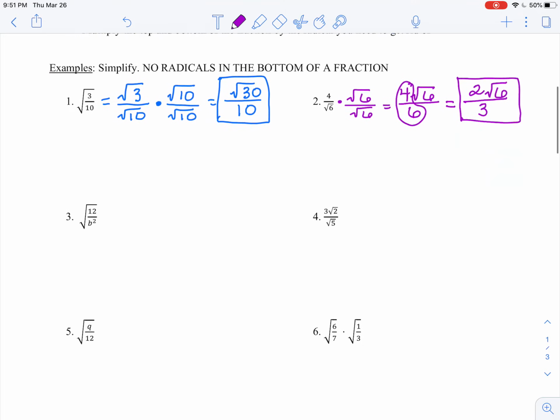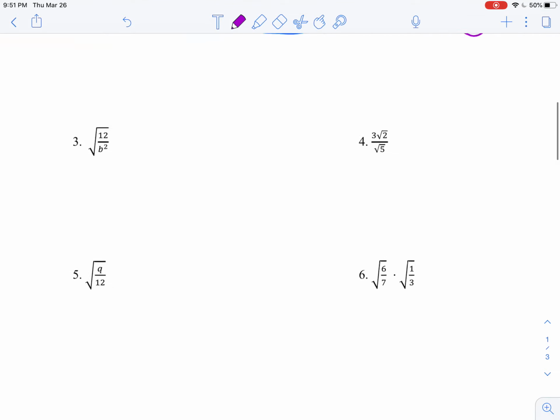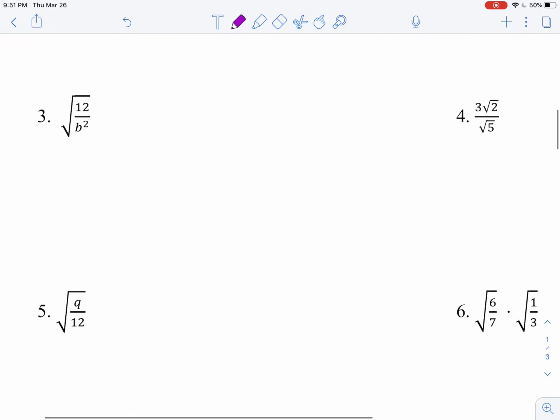In question number 3, let's start again by breaking up and making two separate radicals, one for the numerator, one for the denominator. So here I have the square root of 12 over the square root of b squared. In this question, I do have perfect squares that go into the radicals, so I'm going to simplify each radical by itself first.